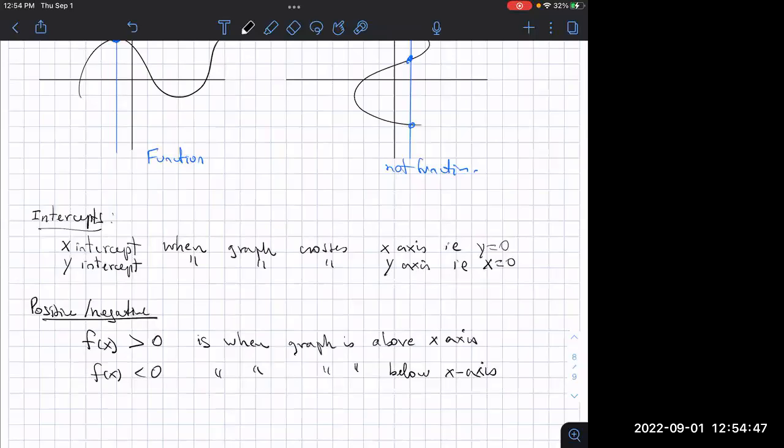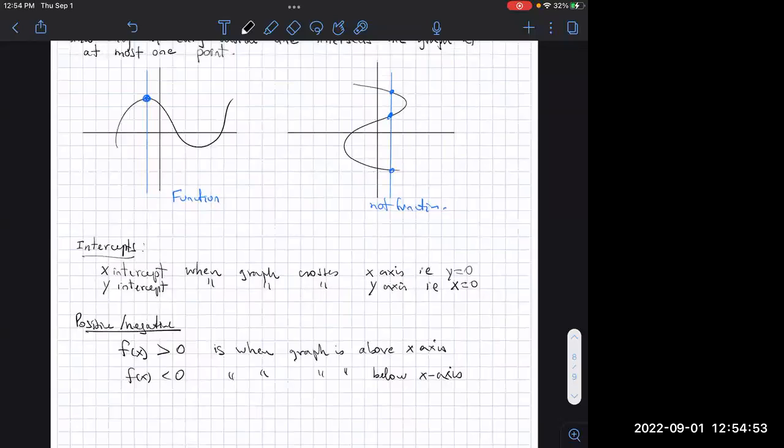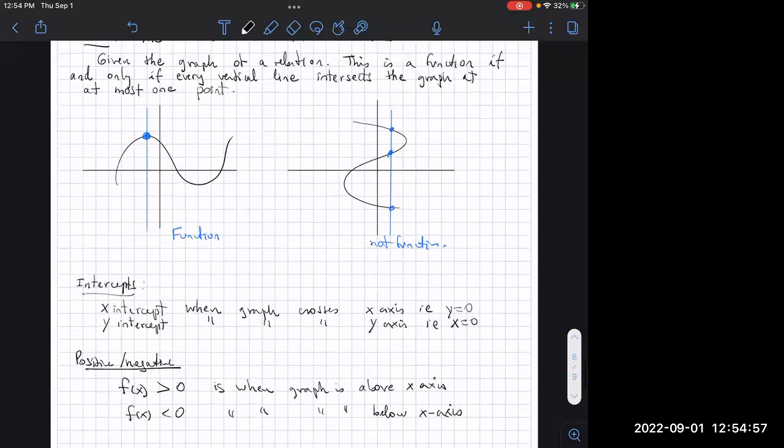Any questions? Can you scroll up really quickly? I just wanted to make sure I'm clear. So it's not a function on the right because it only touches the y-axis once? No, it's about a vertical line crossing the graph at more than 1 point.